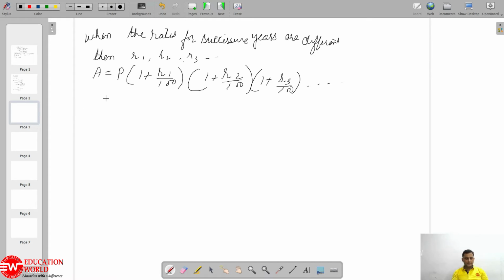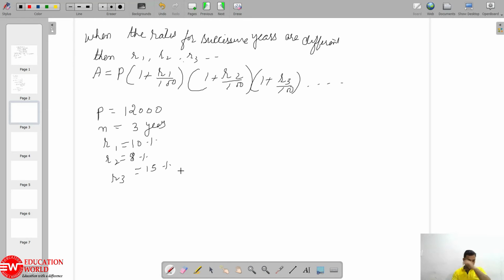So again we will take one example. Calculate the amount and compound interest on 12,000 in 3 years when the rates of interest for successive years are given. So the principal is 12,000, time is 3 years, and the rates are 10%, 8%, and 15%.